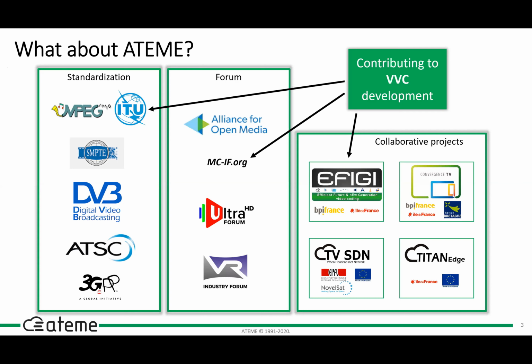And lately you got, so I put that in the forum, they are not doing standards as such, the Alliance for Open Media, that is doing some specification and at the same time also an implementation of a codec. The Alliance has been working since 2015 or 16 on providing some codecs, mostly for the internet community.